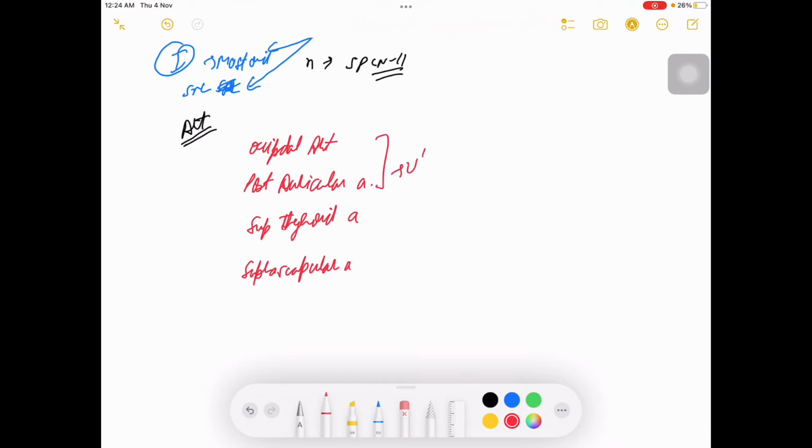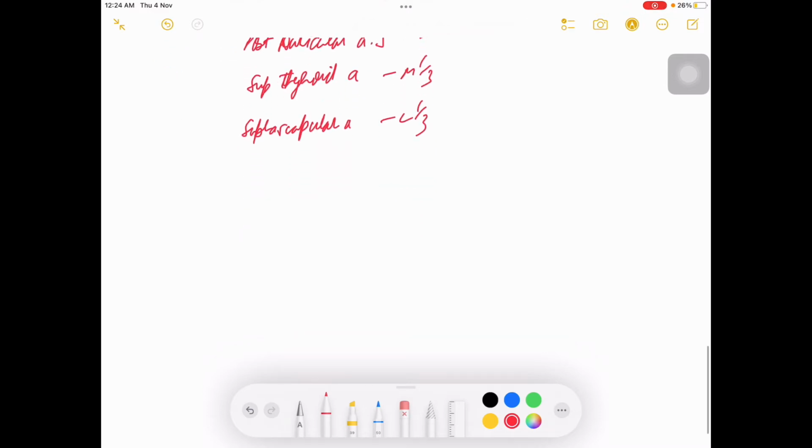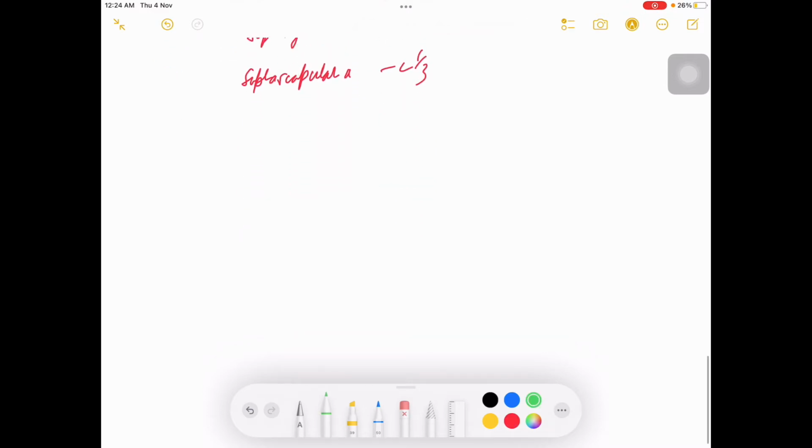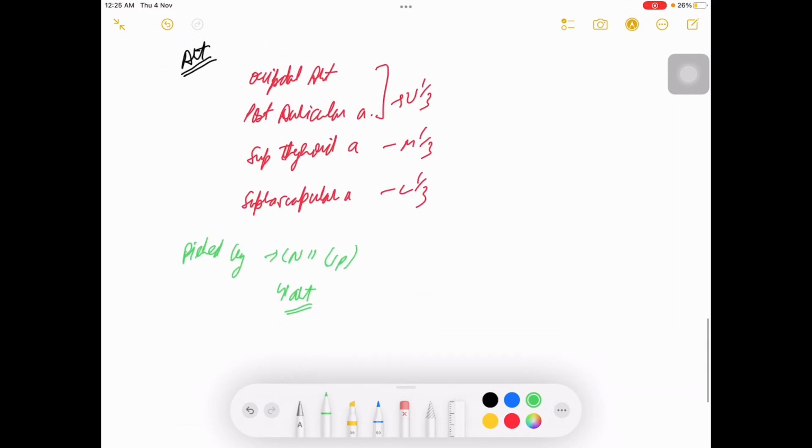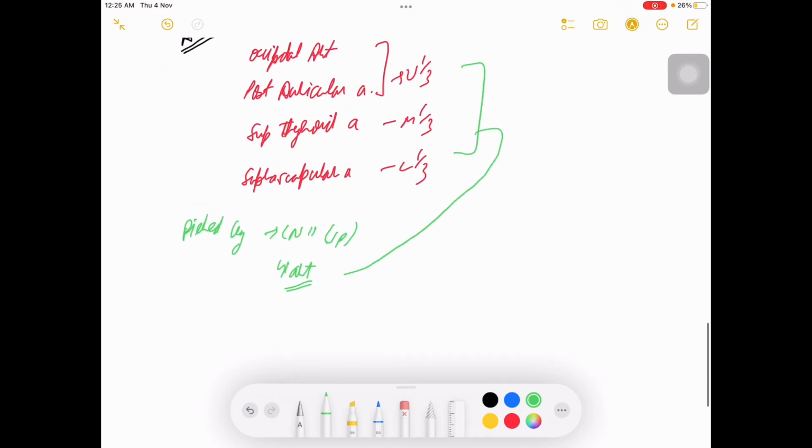These will supply it in the upper 1/3, this will supply it in the middle 1/3, this will supply it in the lower 1/3. Okay. Now SCM is pierced by cranial nerve 11, the spinal part of it, and the 4 arteries which are supplying it, these 4 arteries.